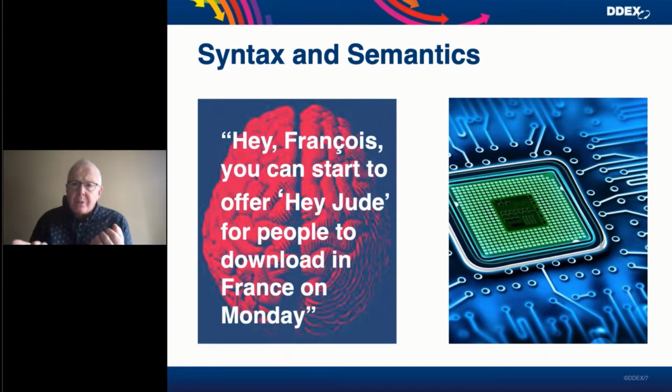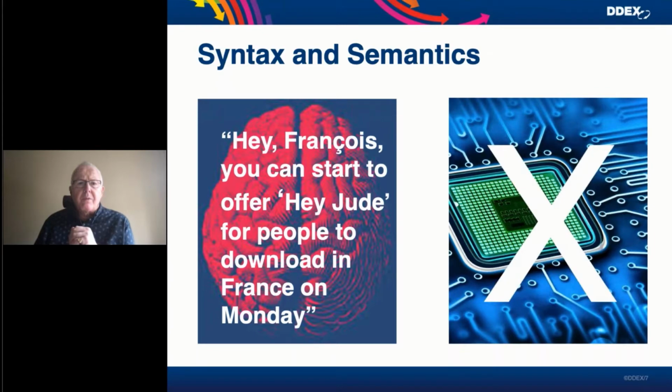And so to create automation, there needs to be certainty within the information that is sent to computers, so that two business partners can know that X is telling Y that they are going to allow them to offer music for download in France.